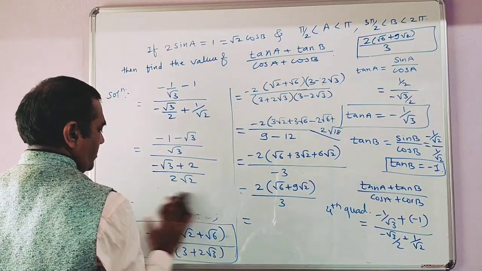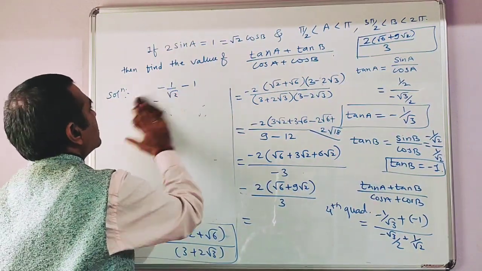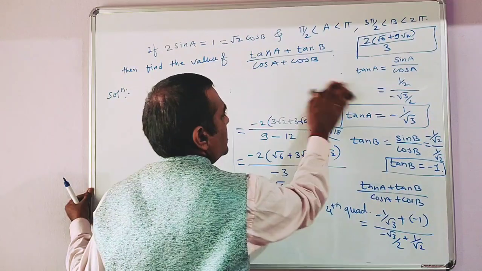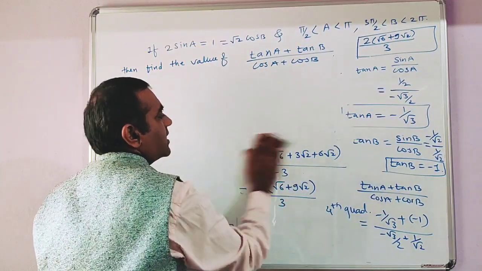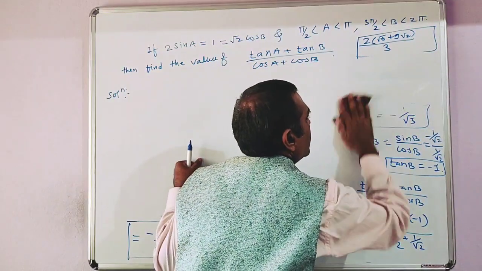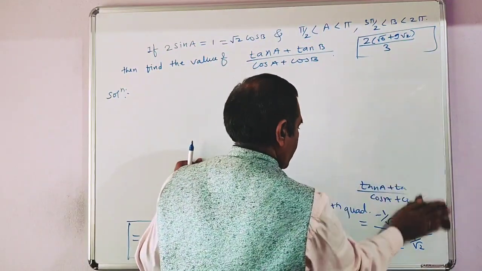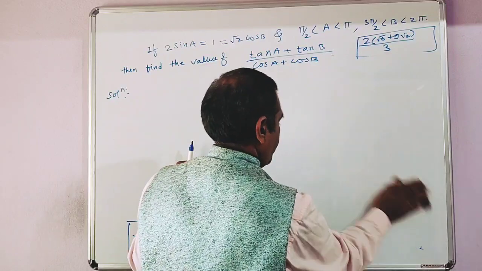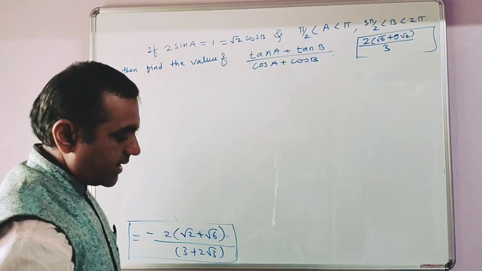Now use the Pythagoras theorem and solve this. Which one is better? You can decide by watching the second type here.